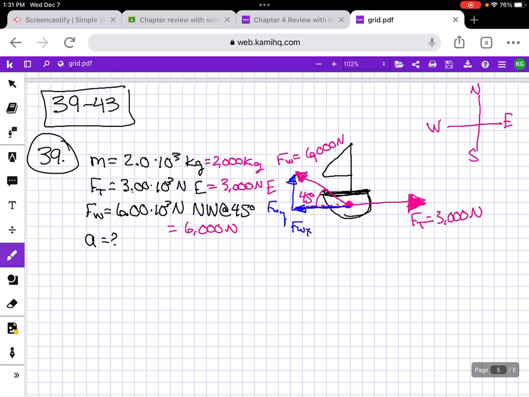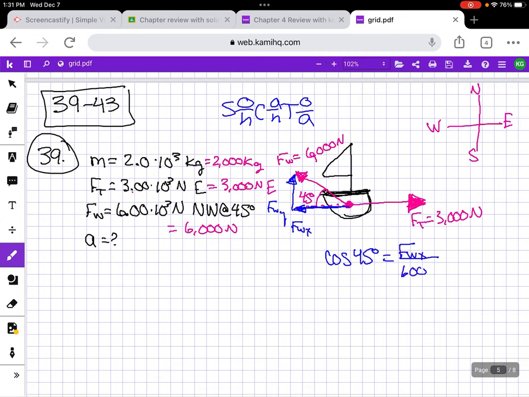Okay, force of wind in the x is going to be your adjacent. Remember SOHCAHTOA. Alright, cosine of 45 degrees, which you probably already know, is equal to the adjacent, which is force of the wind in the x.